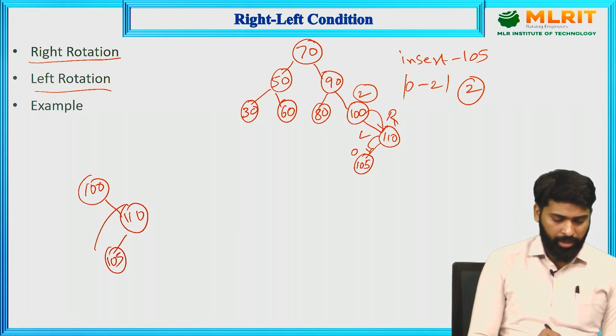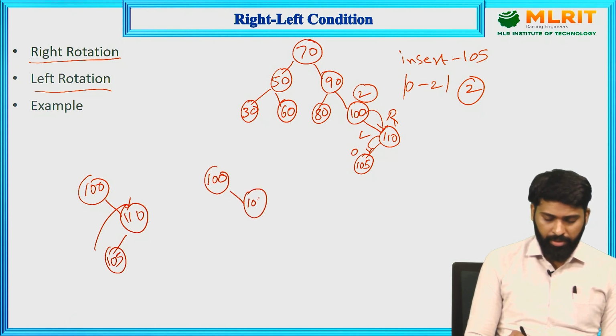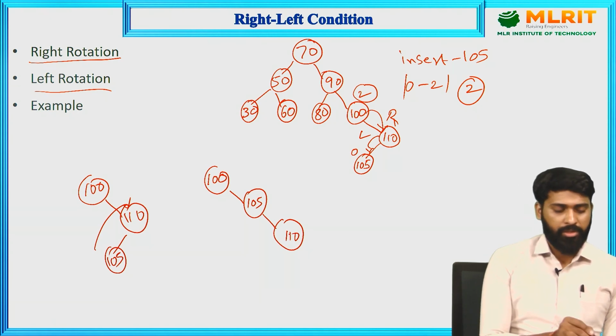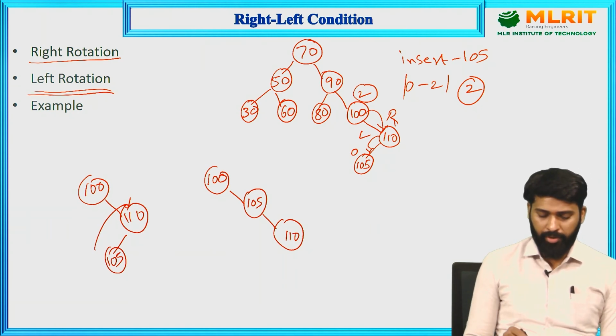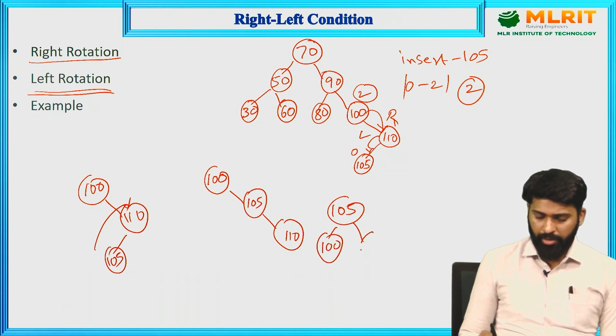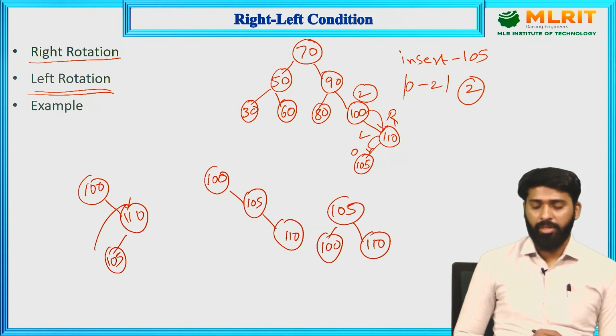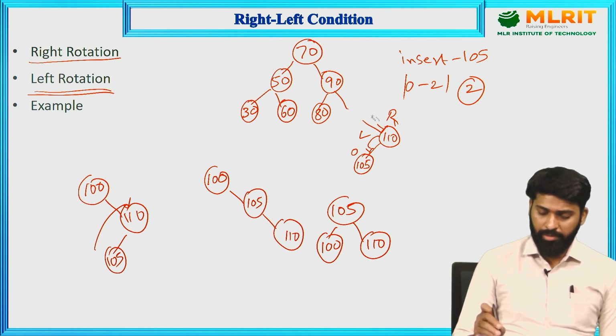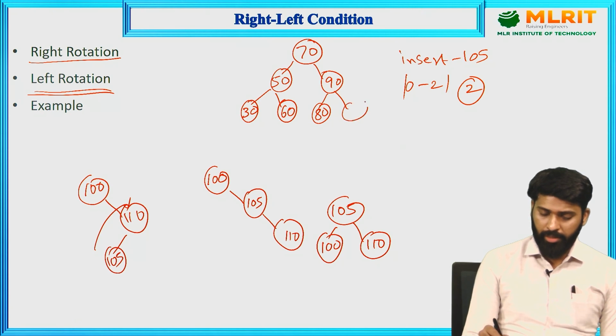If you rotate to the right side, it becomes 100, 105, 110. So the next rotation is left rotation. Now it becomes 105, 100, 110. That's it. Now what is the resultant tree? So this is the resultant tree: 105, 100 and 110.